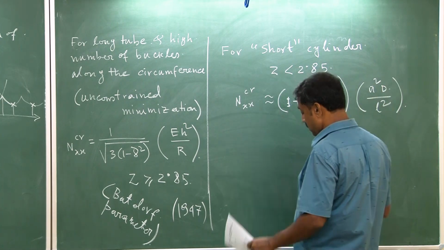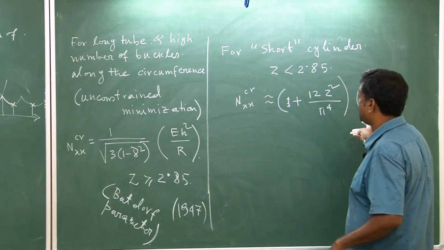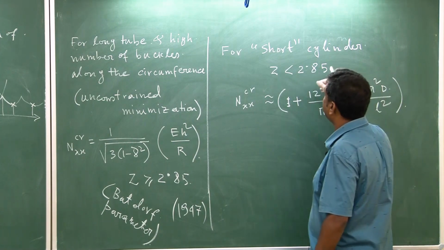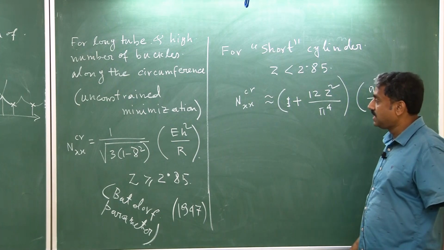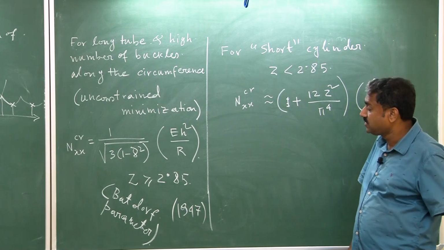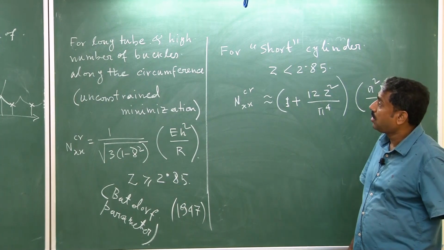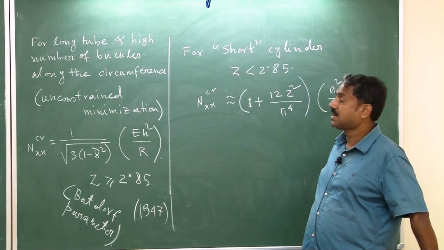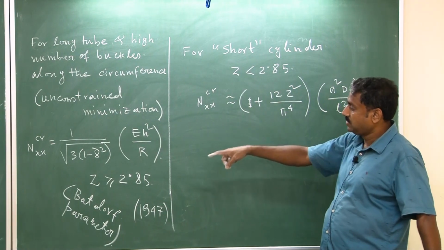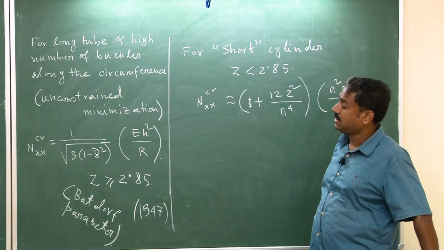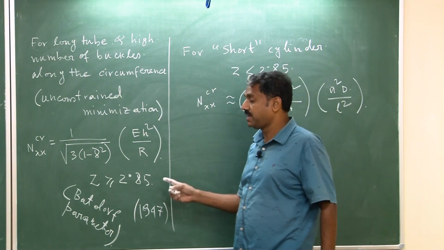This formulation was given by Chazes. So this is for a short cylinder. Please note that the parameter distinguishing between the two, the long tube with a high number of buckles along the circumference and the short cylinder, is of course the Batdorf parameter, and there is a critical value for that, 2.85.